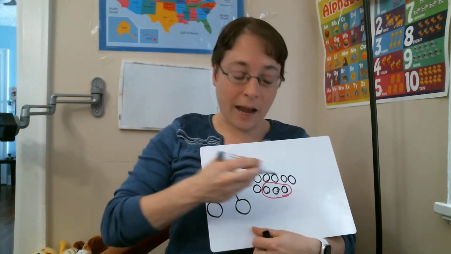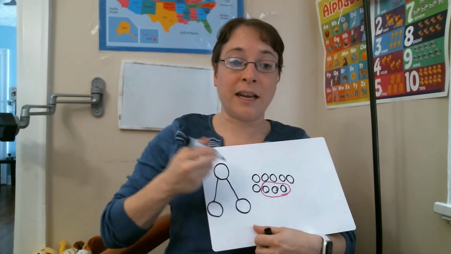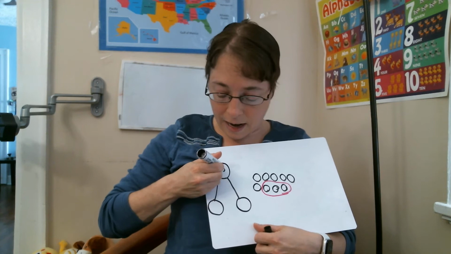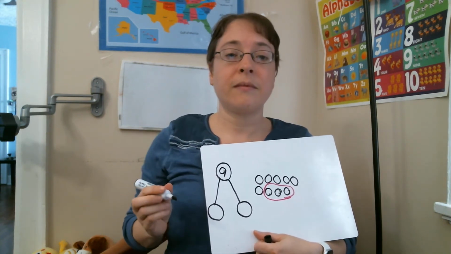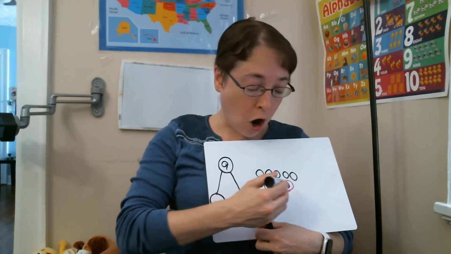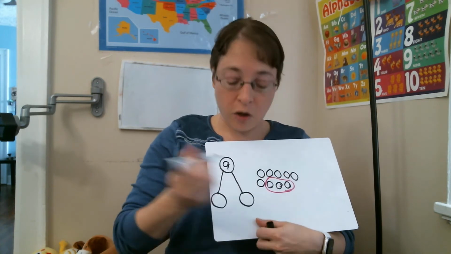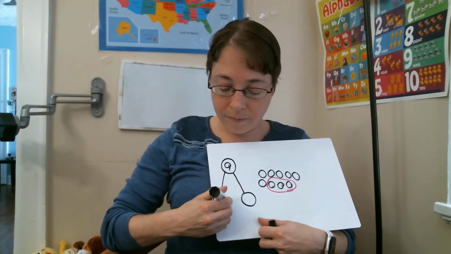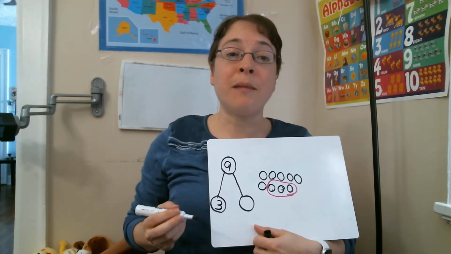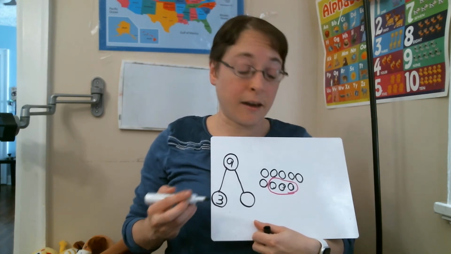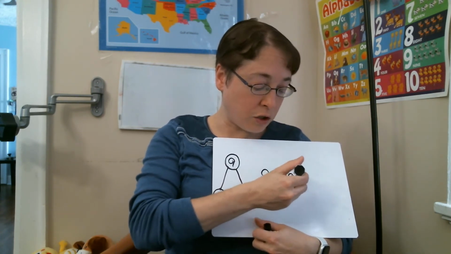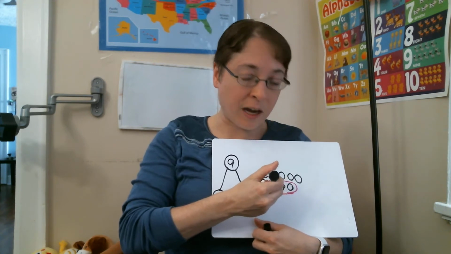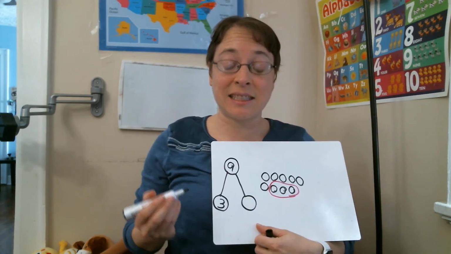So we have how many bouncy balls all together? 9. How many are green? 3. How many are not green? 1, 2, 3, 4, 5, 6.